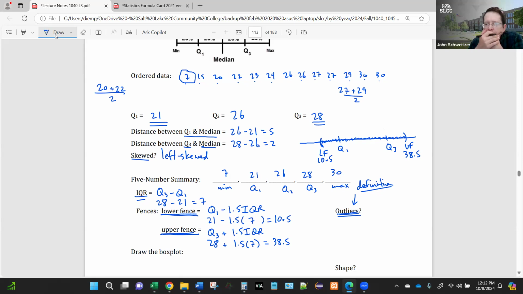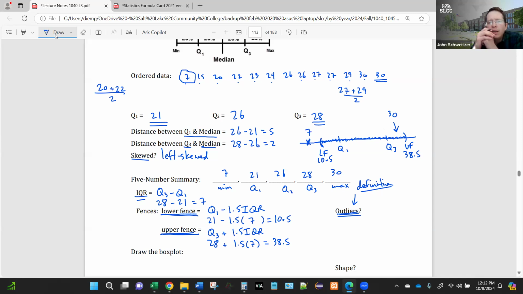So do we have an outlier? Where is 30? 30 is about right there. That's still in that interval of non-outlier values. What about 7? Where does 7 fall, guys? Do you see how 7 is falling outside of the fences?